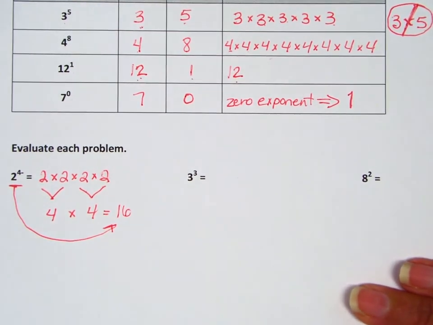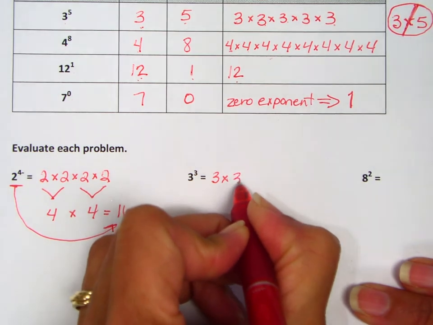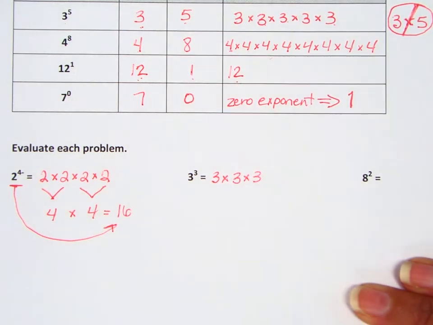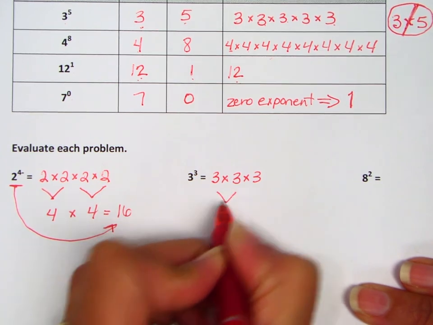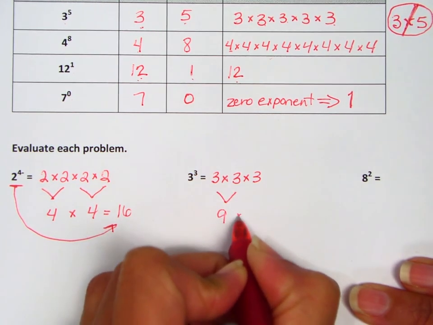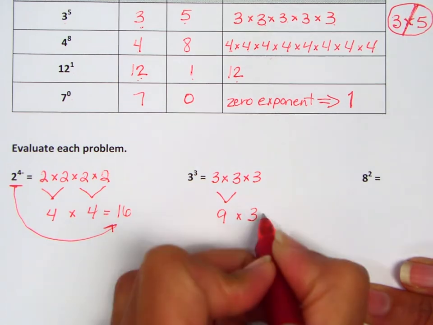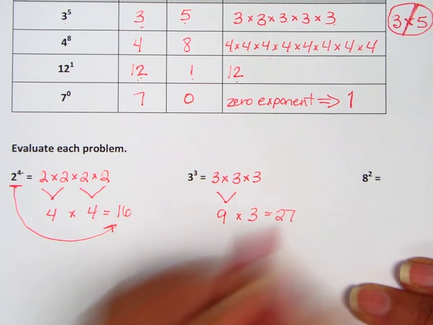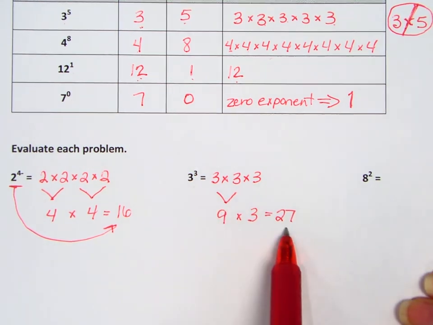Let's try it with 3 cubed. 3 to the 3rd power. We are going to give 3 a power 3 times. Now let's multiply. 3 times 3 is 9, and we have one more 3 we need to multiply. So 9 times 3 is 27. So 3 to the 3rd power is 27.